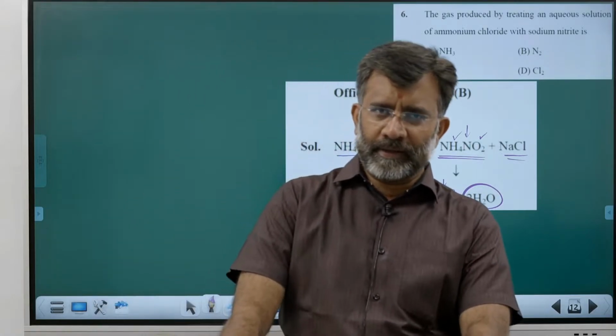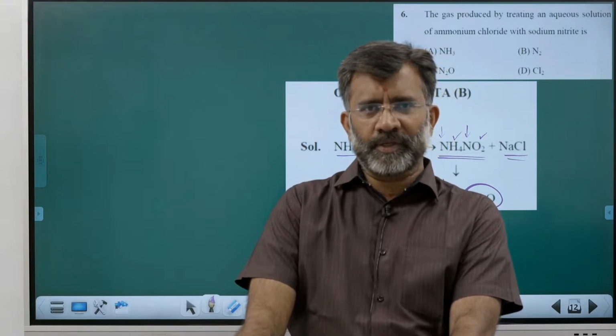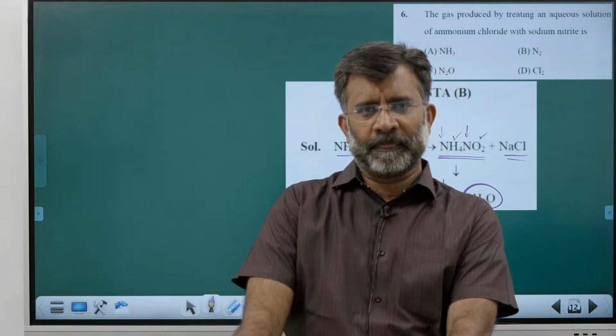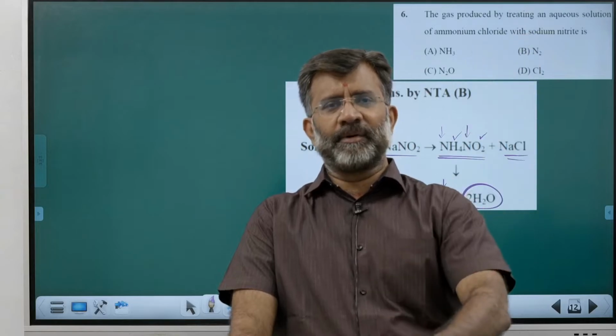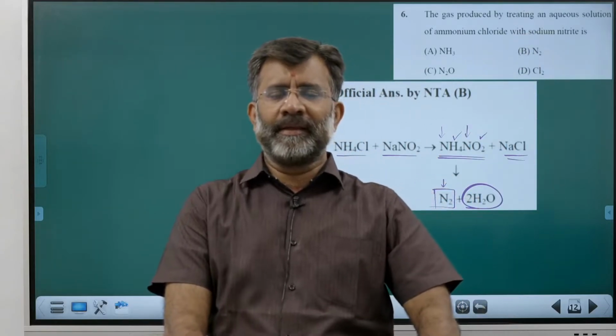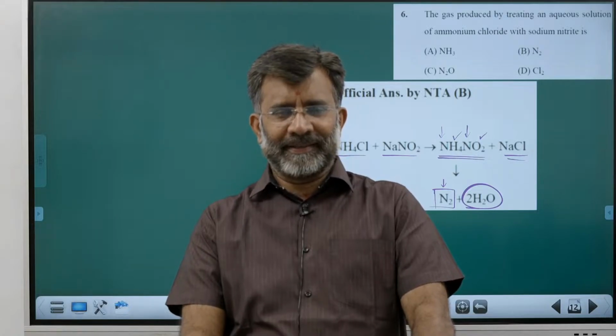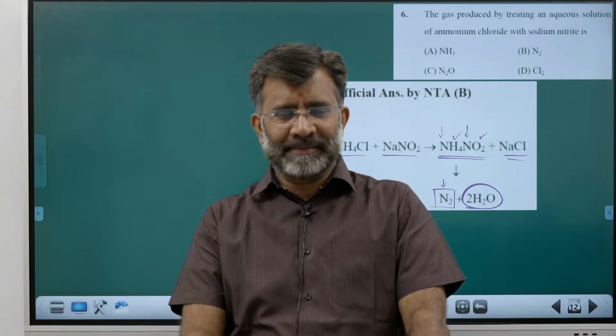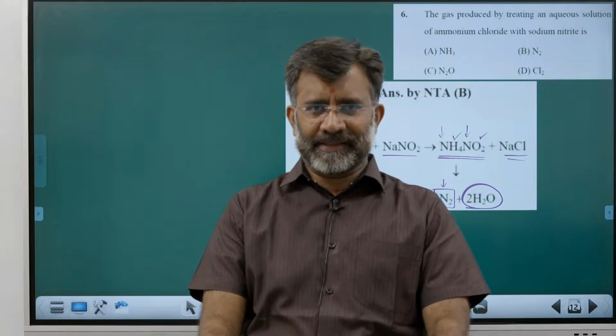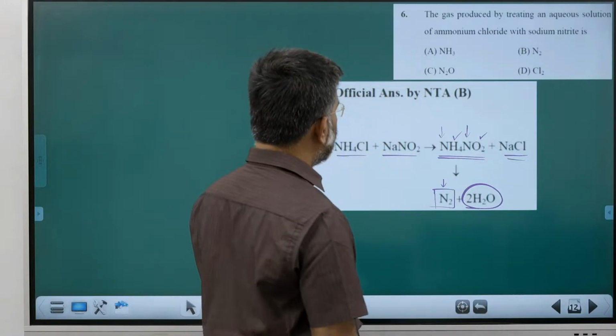This is the preparation of dinitrogen given in the textbook, along with other popular reactions, maybe you are remembering: the thermal decomposition of ammonium dichromate, and the decomposition of metal azides, barium azide, sodium azide, etc. Right. Next one.